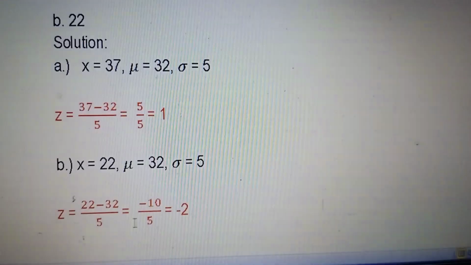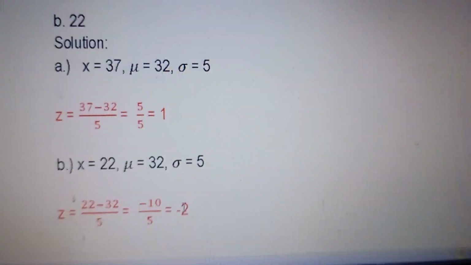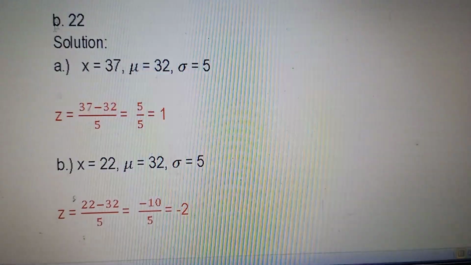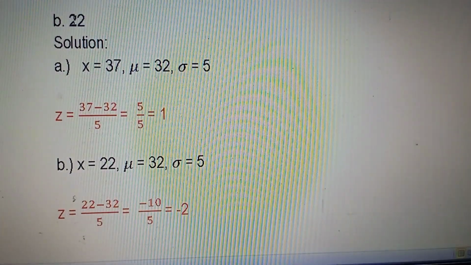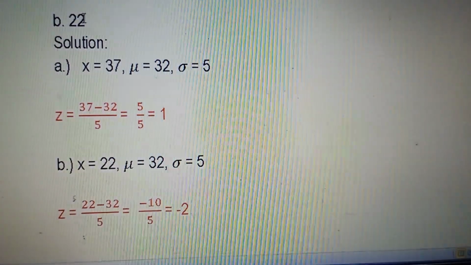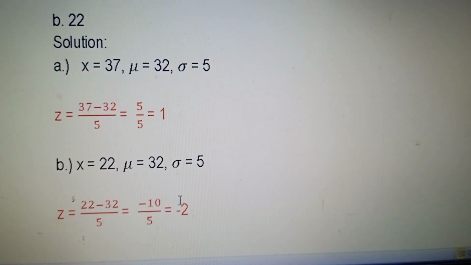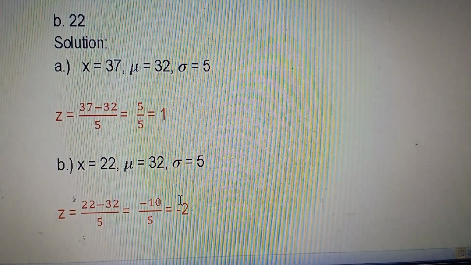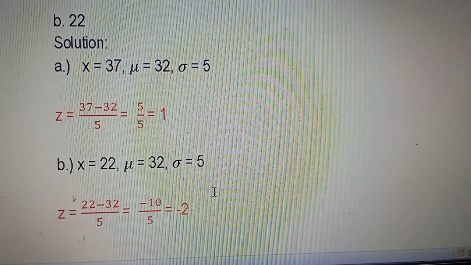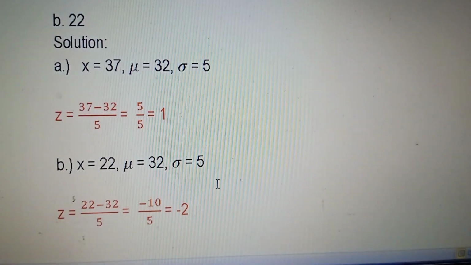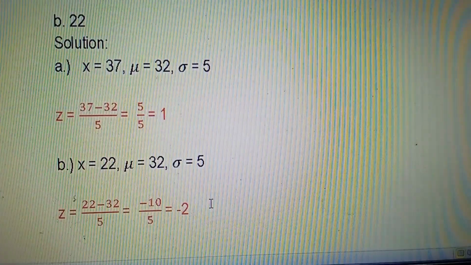So the z value when the score x is 22 is negative 2. That is how to use the formula to transform the value of x into a z score.